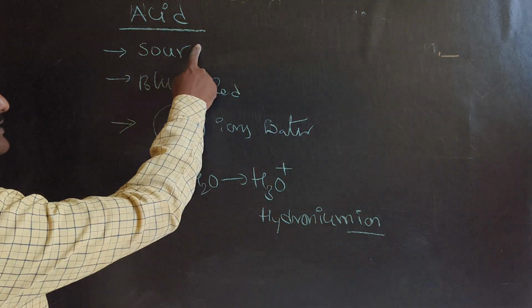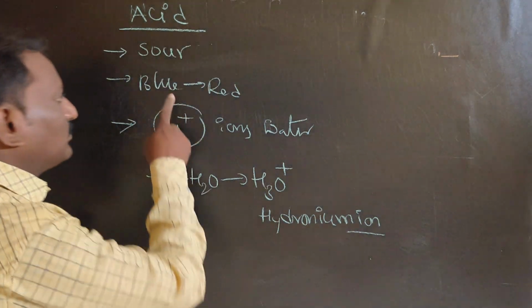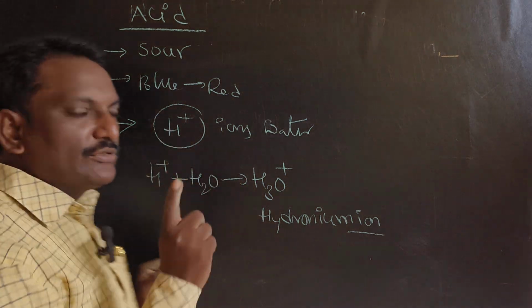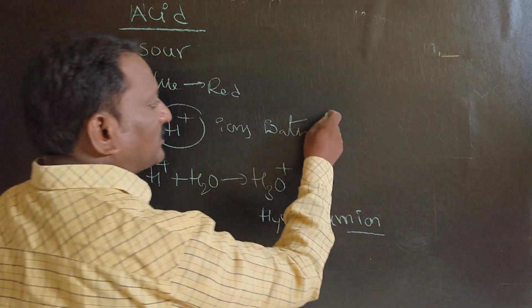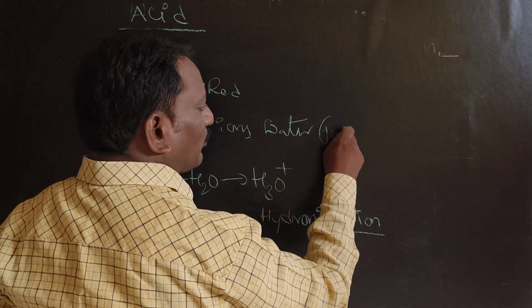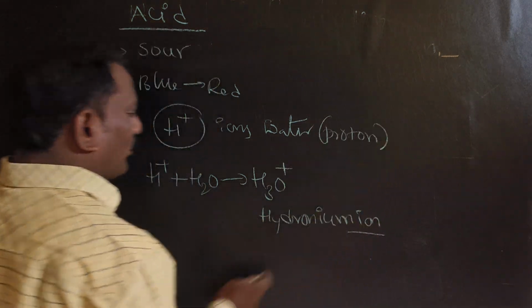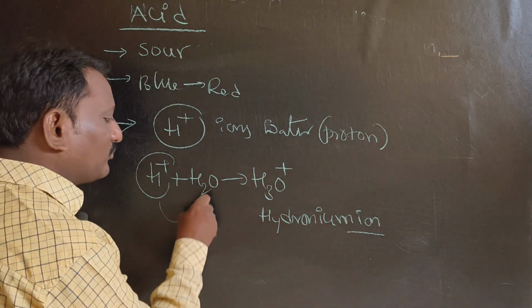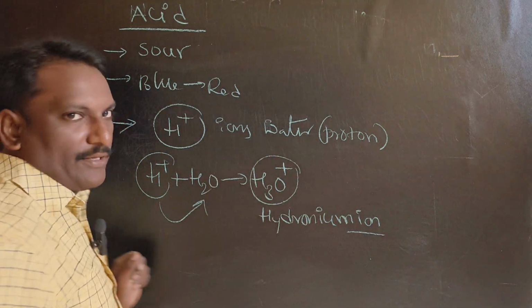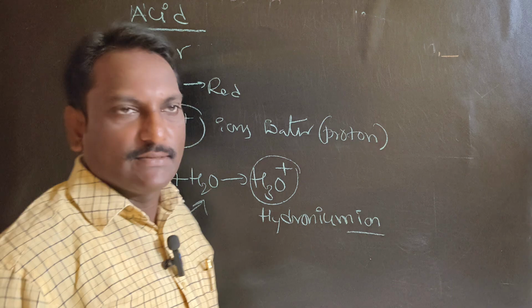Generally, acids are sour in taste, turn blue litmus to red, and produce H plus ion in water. H plus ion is also called a proton. Please make a note of it. Proton is highly reactive, so it is ready to combine with water and produce the hydronium ion. This is what is meant by an acid.